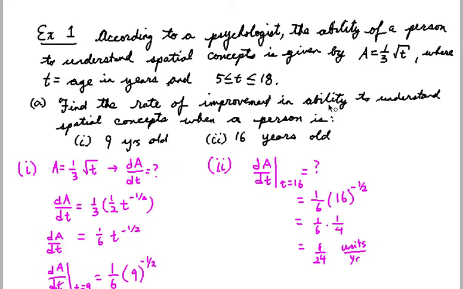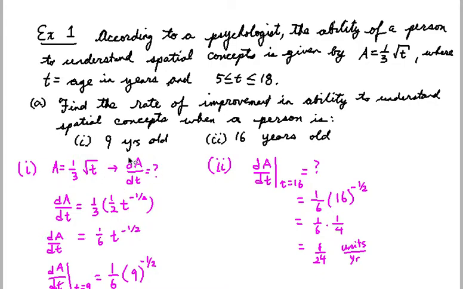Since I know A is 1/3 root t, what is dA/dt? They're asking how fast the ability is changing relative to their age. Then they're asking, what's dA/dt when t is 9? That's really what this question is asking. And this part is asking, what's dA/dt when t is 16?